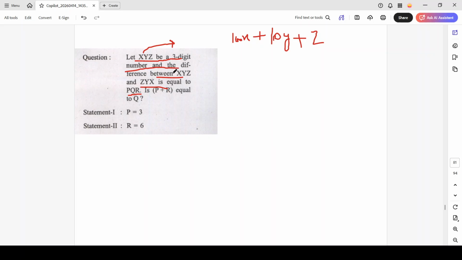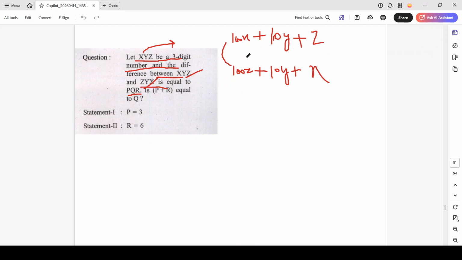The difference between XYZ and ZYX. There is another number ZYX, that means 100z plus 10y plus x. And now the difference between these two numbers.